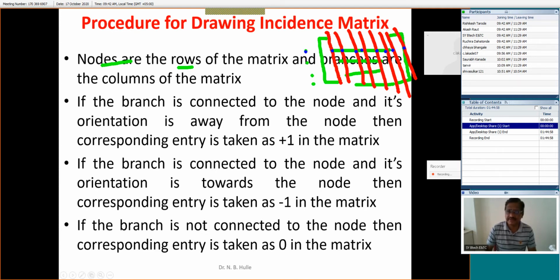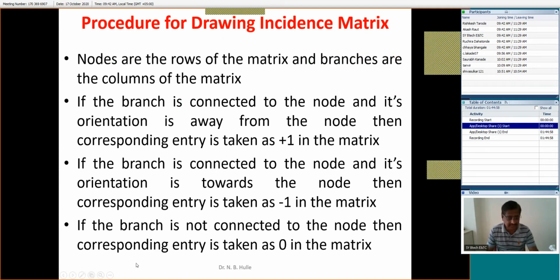This is related to node A. So in this incidence matrix, the rows of the matrix are the nodes, and the columns of the matrix are the branches in the graph or in the figure. Now look at the procedure for construction.